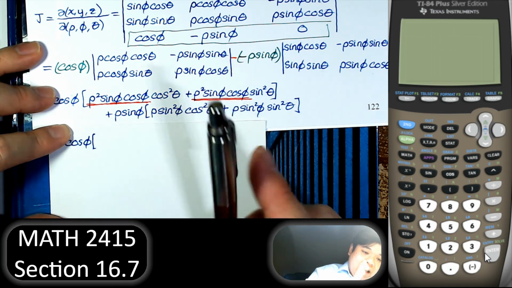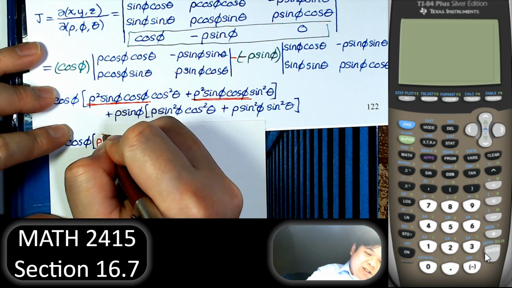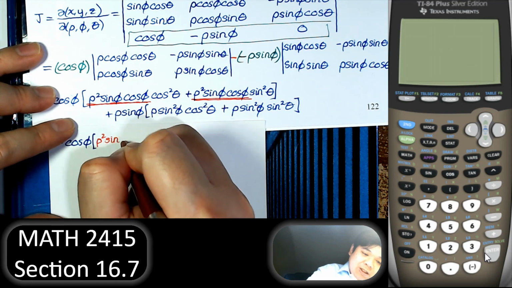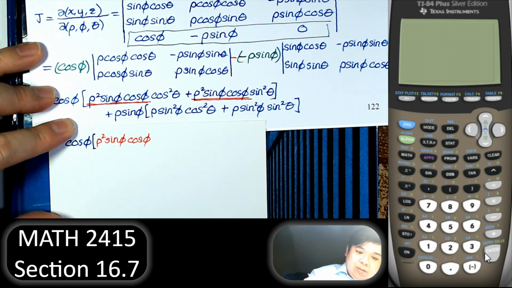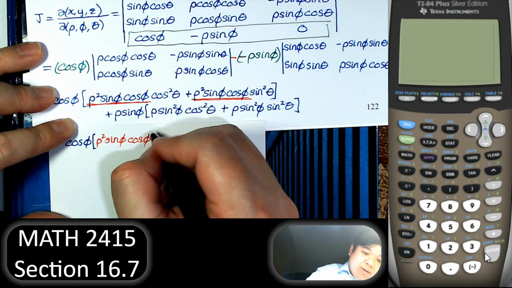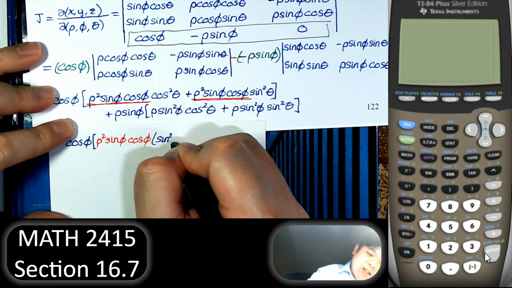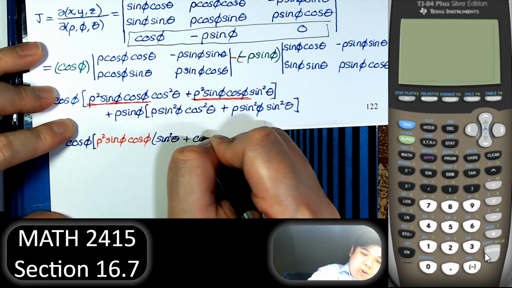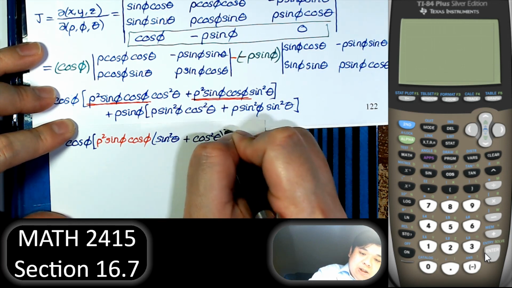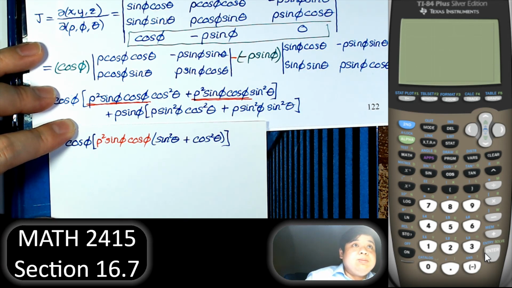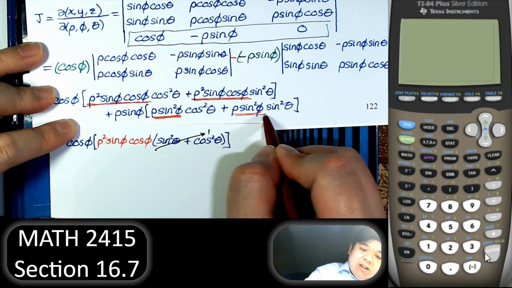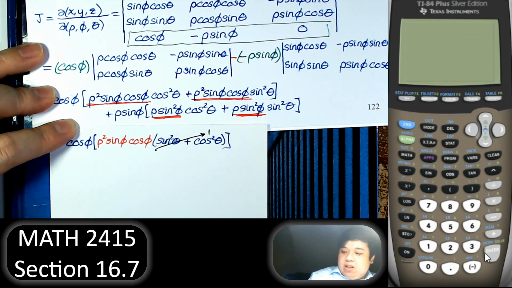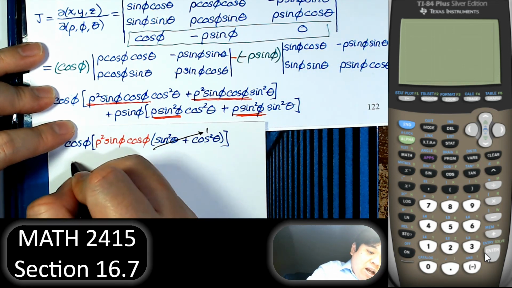And then factor that out. Then we have sine cosine times sine square plus cosine square, which is 1. And then we also can factor out this, and once again cosine square plus sine square. So this is not that bad.